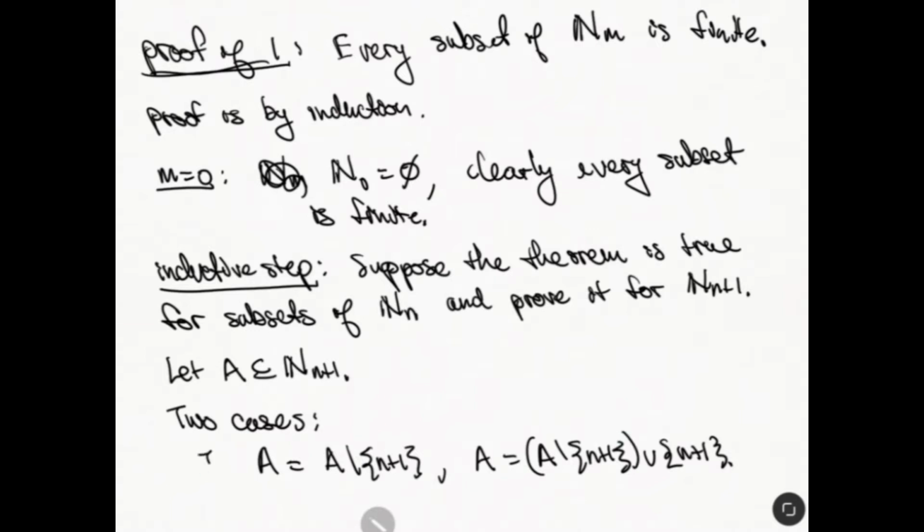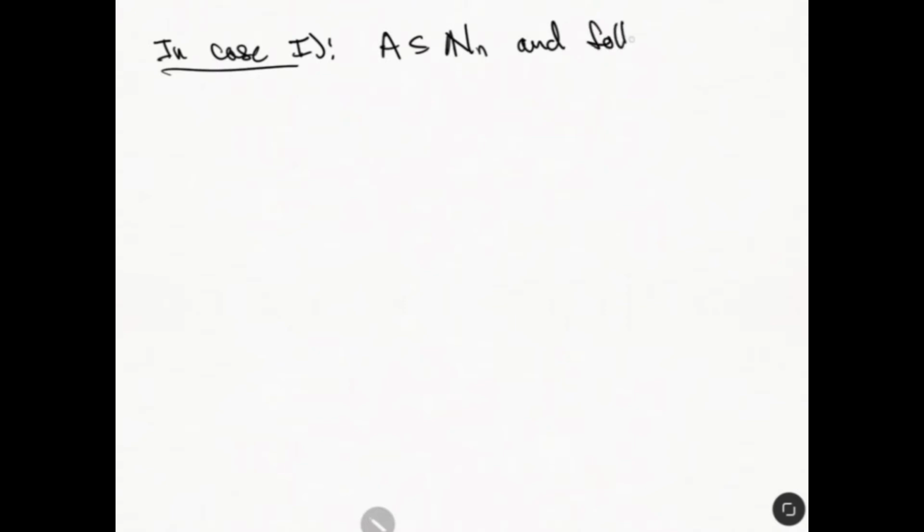We'll call this case 1, and this is case 2. In case 1, A is a subset of N_n, and the result follows by the inductive hypothesis.